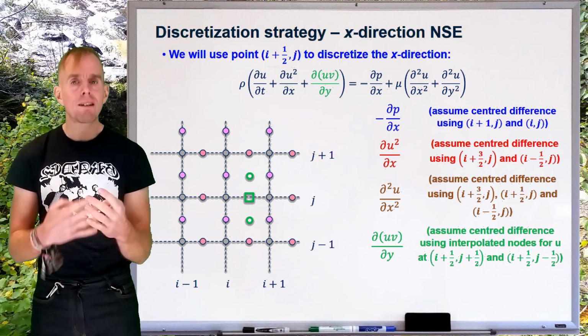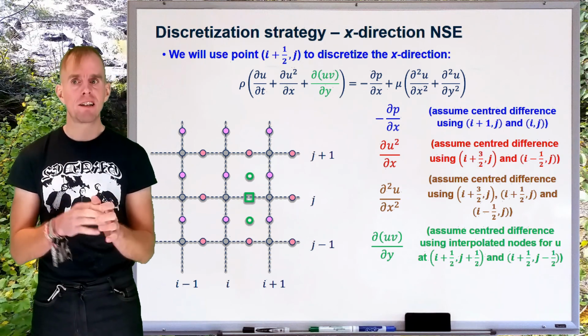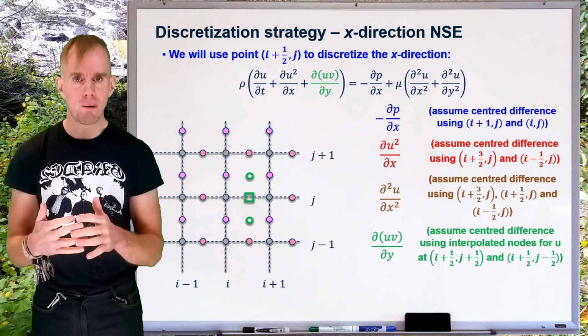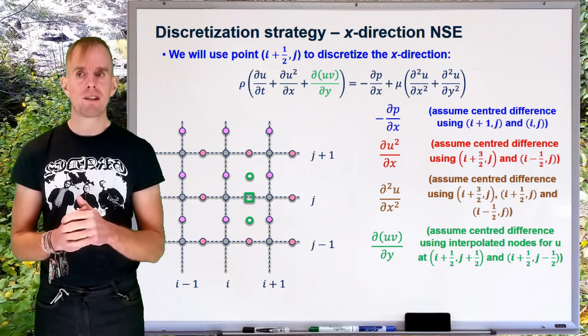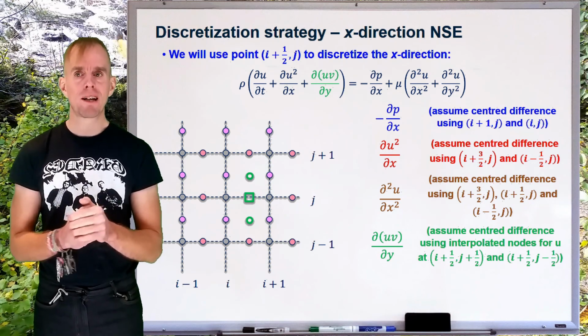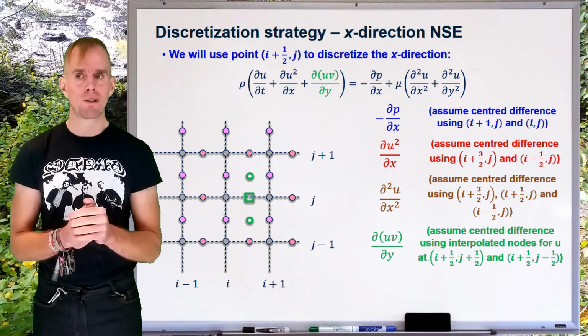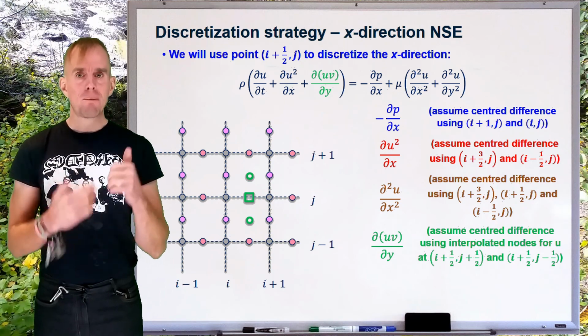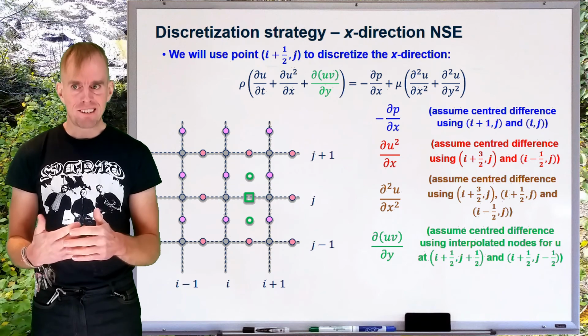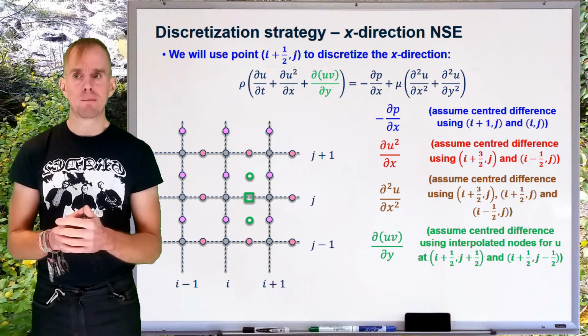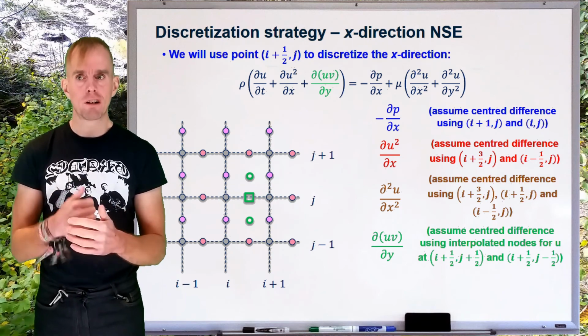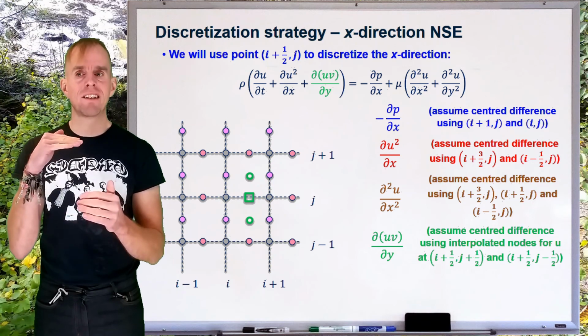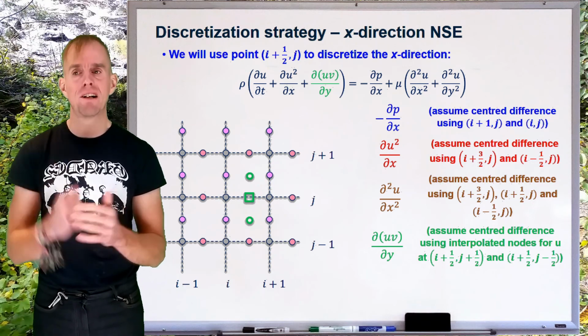But of course we're not calculating dv by dy, we're calculating d of uv by dy. And so what we'll also need to think about is how we interpolate x direction velocity data onto those points as well. Now we know that x direction velocity data exists at i plus 1/2 comma j, i plus 3/2 comma j, and so on and so forth. It doesn't exist at the j plus 1/2 and j minus 1/2 point.